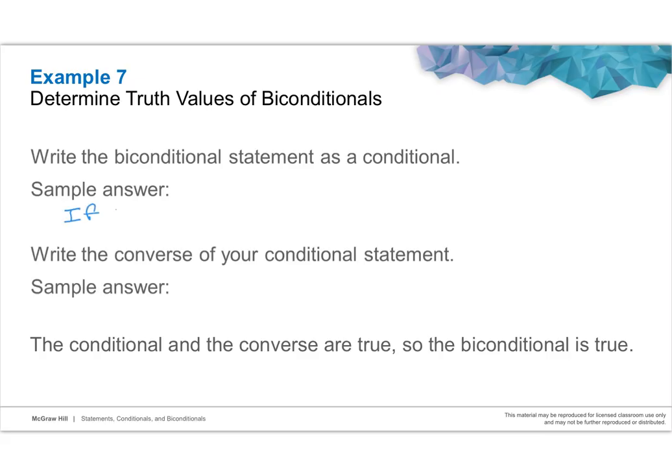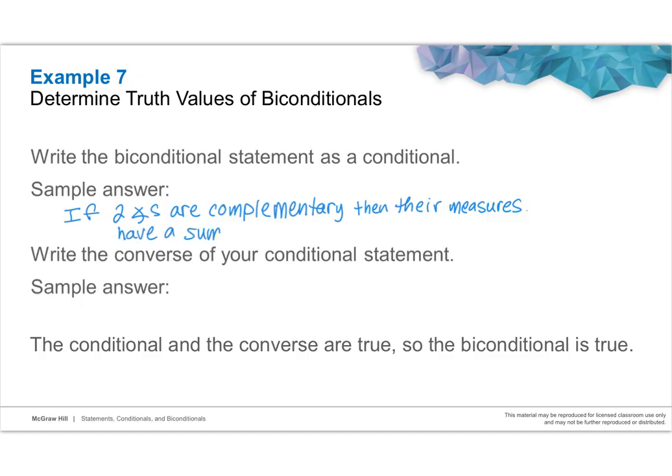So if two angles are complementary, then their measures have a sum of 90 degrees. Conditional in that order, hypothesis, and then conclusion.